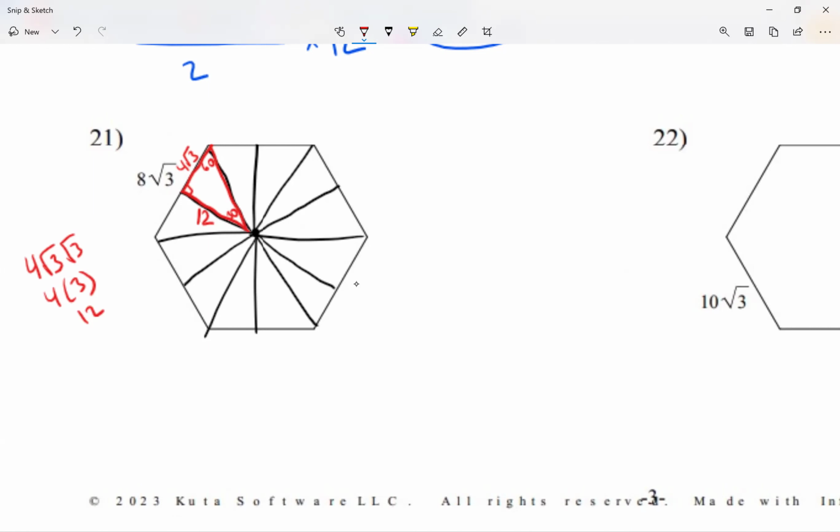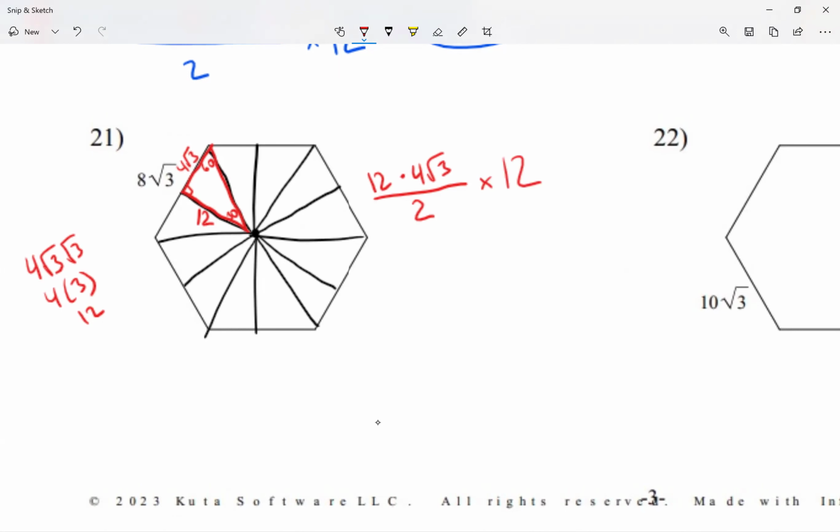So let's see. For just my triangle, I will go 12 times 4 radical 3, all divided by 2. That gives me that one triangle. Then my result, I'm going to multiply by 12 because there are 12 triangles.